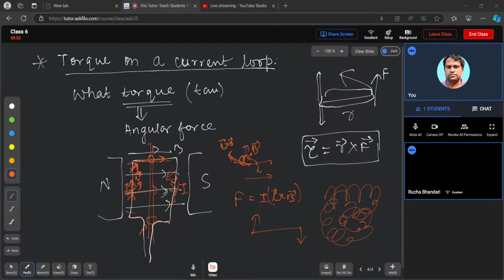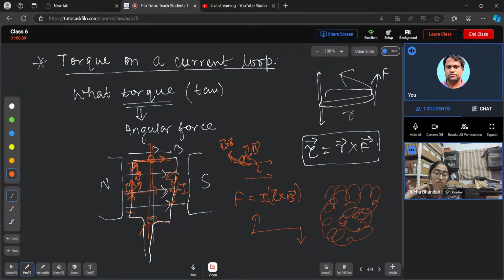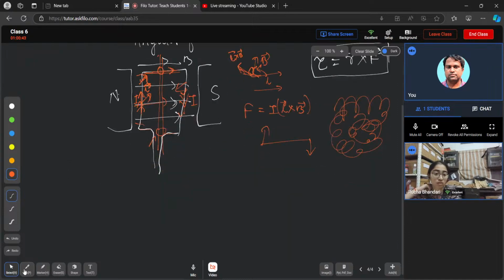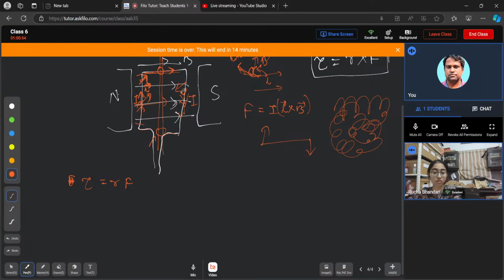F we got from the earlier equation, I L cross B. Torque equals R cross F, and R and F are perpendicular, so we can write R F sine theta, or sine 90. Sine 90 is 1, so it's R F.